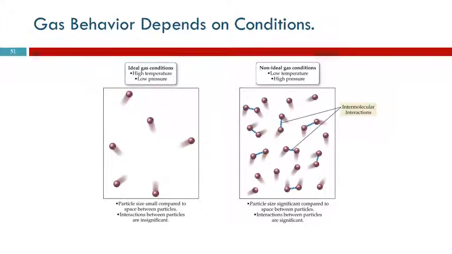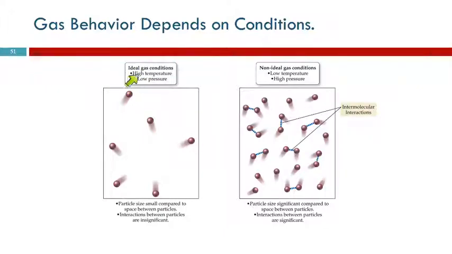So we've been talking about the ideal gas law. What do we mean by an ideal gas? Well, a gas that behaves like we think it should. Sort of the ideal child who doesn't exist, right? Well, gas behavior is sometimes ideal and other times not, and it depends on the conditions. So we think about kinetic molecular theory, and everything works out very well when we have high temperature and low pressure.